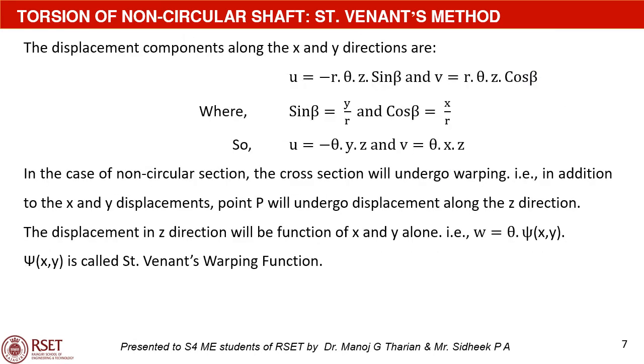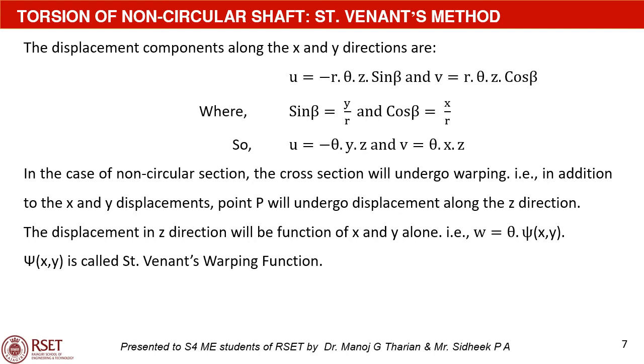From the third figure above, we see the displacement components along the x and y directions as u is equal to minus r theta z sine beta. The negative sign is because u is along the negative x direction. The displacement along the y direction v is equal to r theta z cos beta.